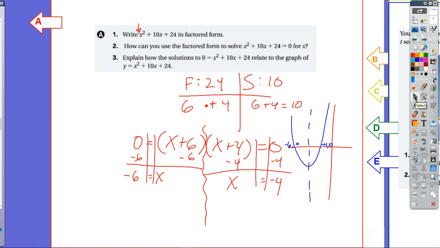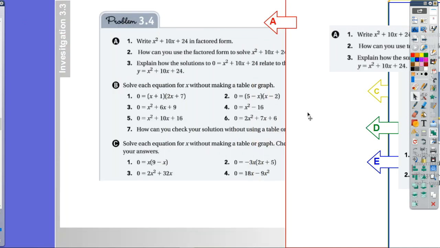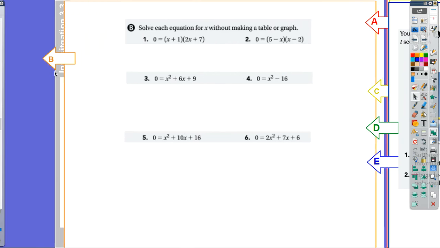For question B, in order for us to have a quadratic solution, we need it in factored form and equal to 0. So right away, I see that these two are already equal to 0. Please resist the urge of multiplying them. We don't want that. That would give us expanded form. We don't want expanded form. We need factored form.